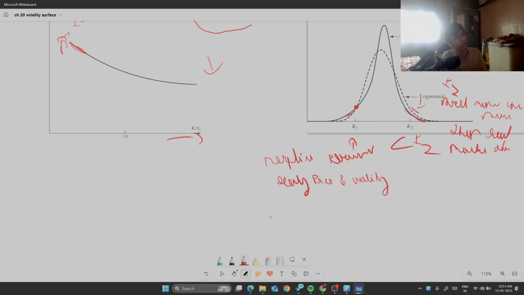So if equity price goes up, the volatility goes down. Here the price is going up, that's why the volatility is going down. And if equity price is going down, the volatility increases. This is also called the volatility feedback effect.